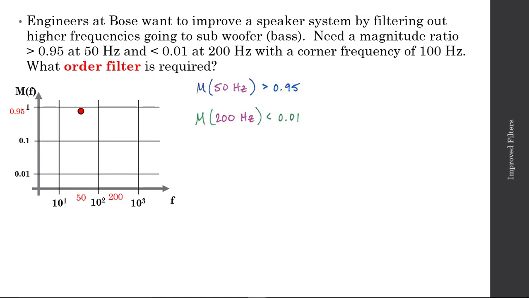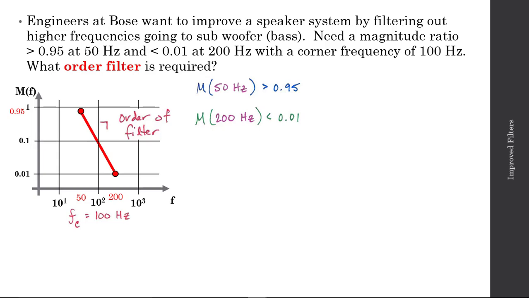So again, graphically, for an input frequency of 200 hertz, we have a magnitude ratio here of 0.01. So these 2 points are defining my transition, and the steepness of this transition will define the order of the filter that's required to achieve this performance. It's also worthwhile to list our corner or cutoff frequency here, and that's at 100 hertz.